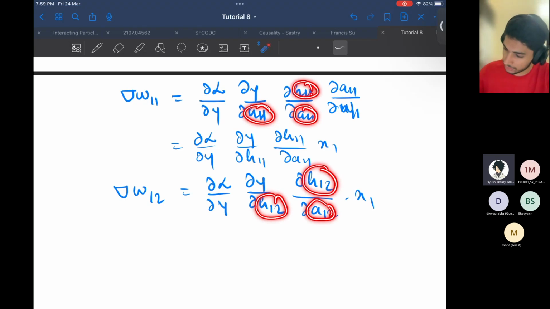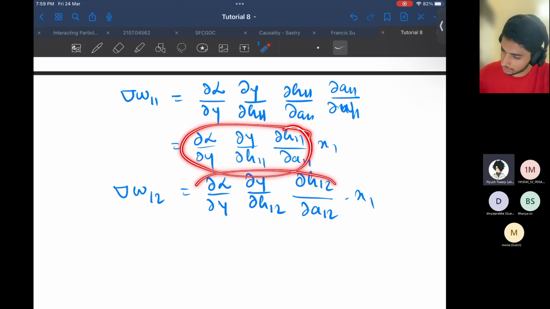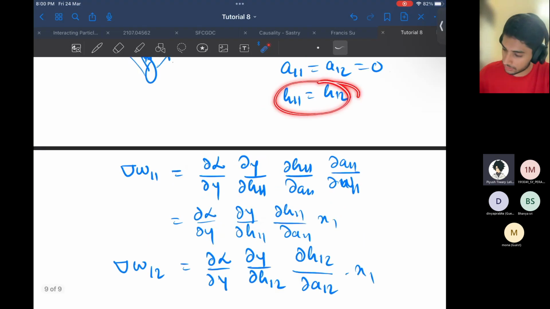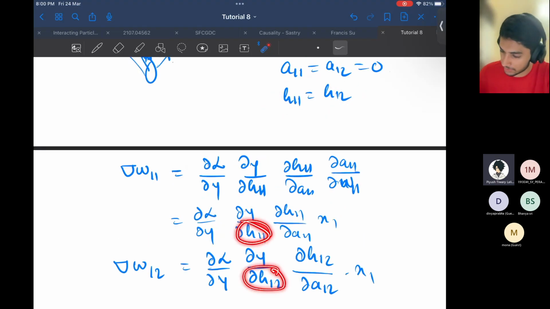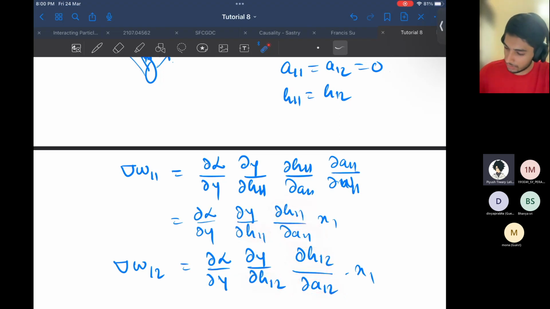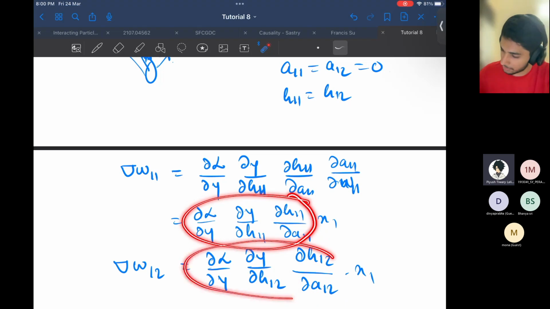So this term and this term are the same. I hope you can see that. This h11 was equal to h12, so this term and this term are same. a11 was equal to a12, so del a11 and del a12 will be the same, and h11 and h12 are same. These two terms are always the same.